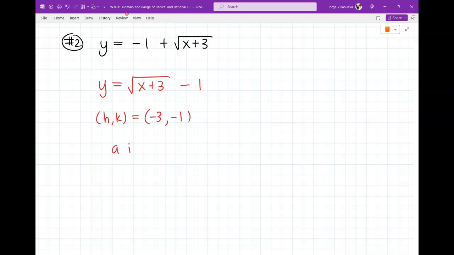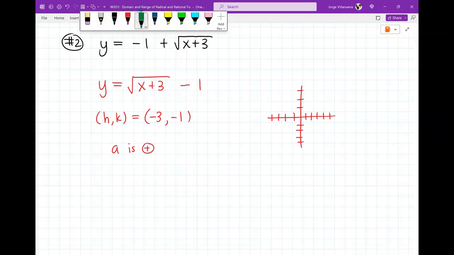So A is positive. So again, I'm going to draw a really quick sketch. I'm not trying to make it look too great, just something quick because I just need a picture so I can see what's going on. So -3, -1, my origin is right here.